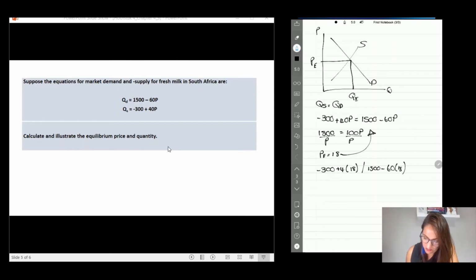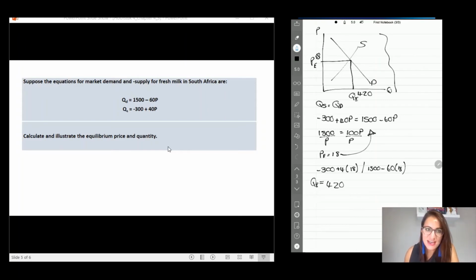And in both cases, you will get an equilibrium quantity of 420. Now, if you illustrate this, now that you know the equilibrium price and quantity, you can fill in the price as 18 and then the quantity as 420. So that is the equilibrium price and quantity.